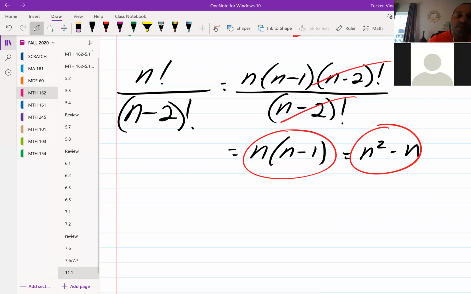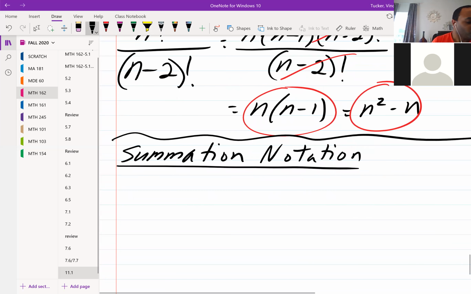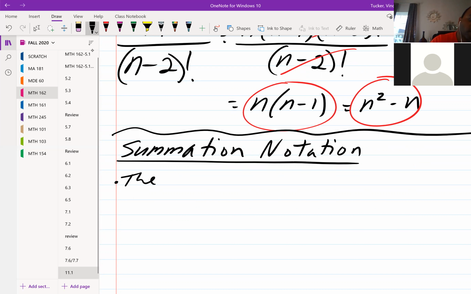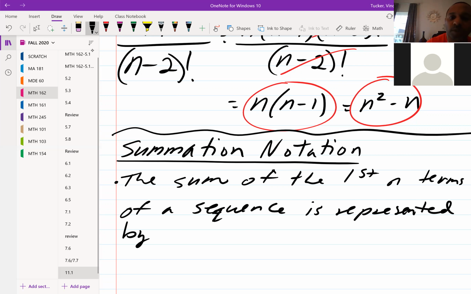All right, one more thing out of this section. I'm certain on where those end terms will end without the ellipses.